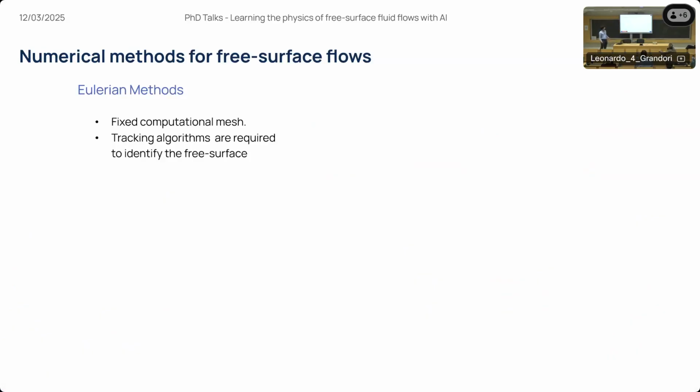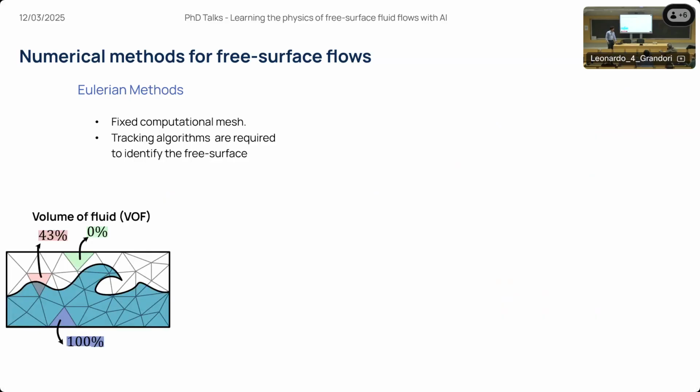Numerical methods for this kind of fluid have to account for these challenges, and are typically divided into two main categories. On one side, we have Eulerian methods where the computational mesh is fixed, but to track the free surface, this method requires particular tools.